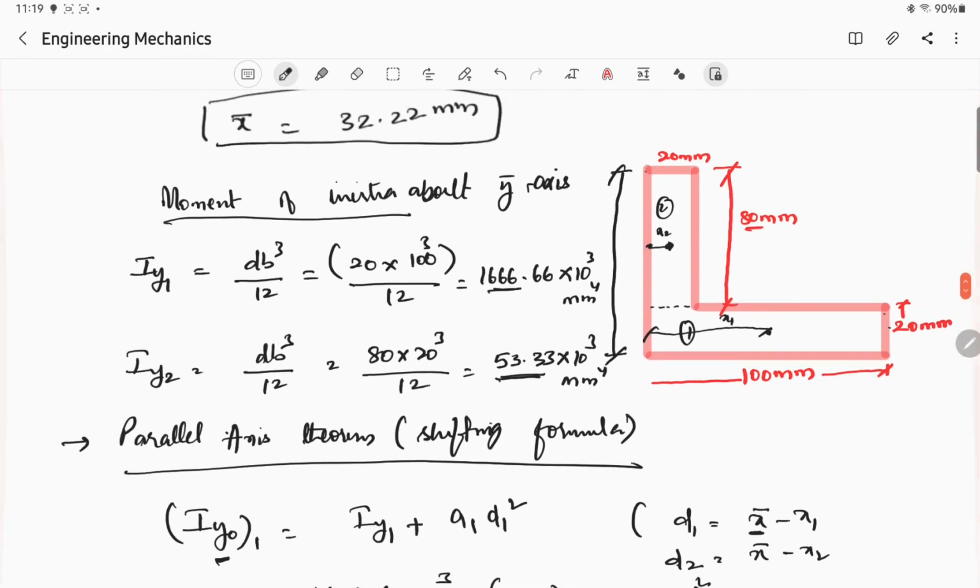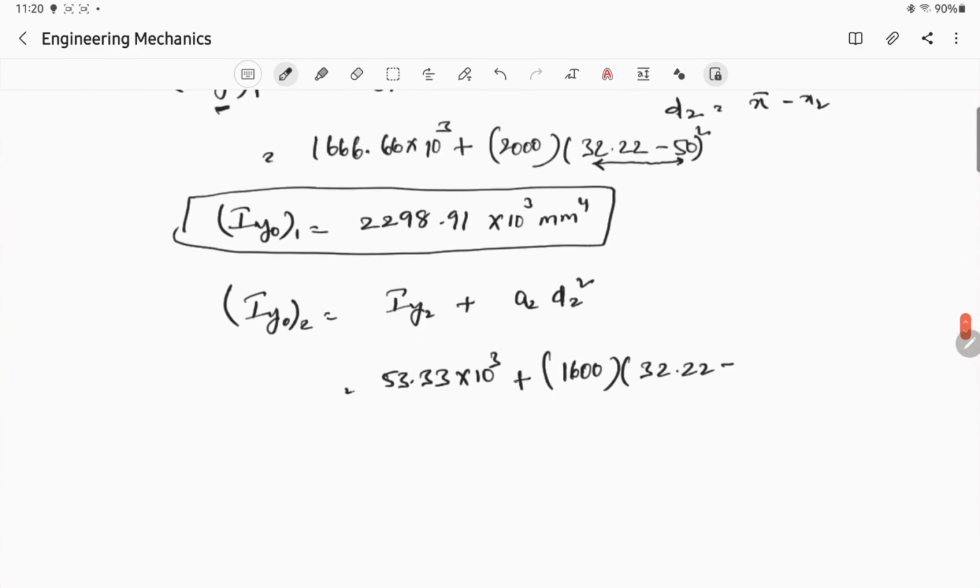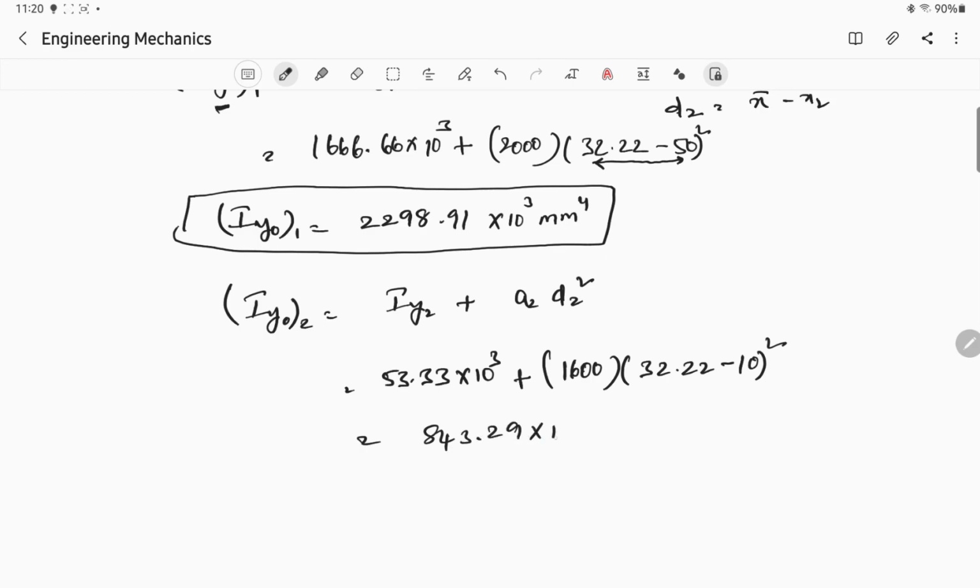What is the value of x2? 10 mm, so 10 whole square. Once you solve this, you will get the value of Iy naught of second element as 843.29 into 10 power 3 mm power 4. This is Iy naught of second element.